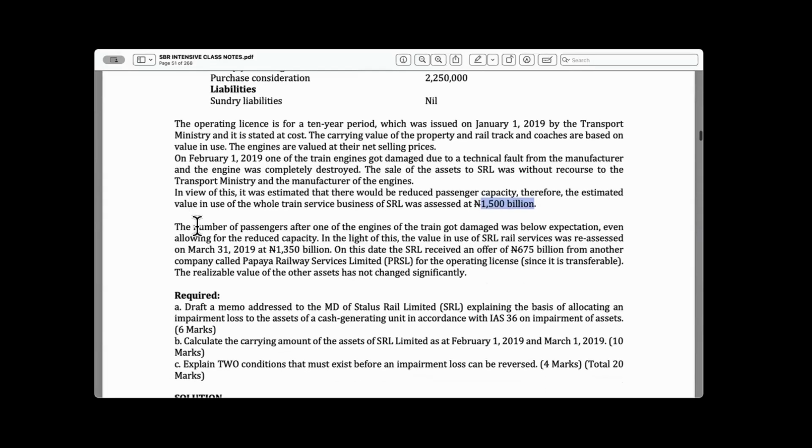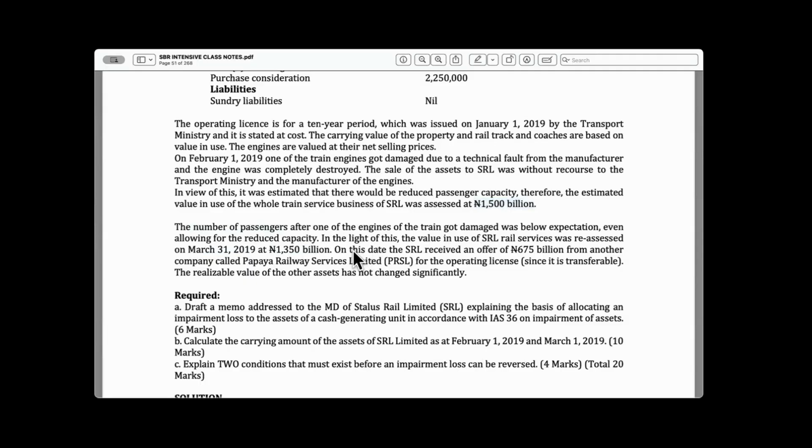Again, they also mentioned that the number of passengers after one of the train engines got damaged was below expectation, even allowing for reduced capacity. In the light of this, the value in use of XRL rail services was reassessed again in March to 1,350. Again, from 1.5, it is now reassessed to 1,350.